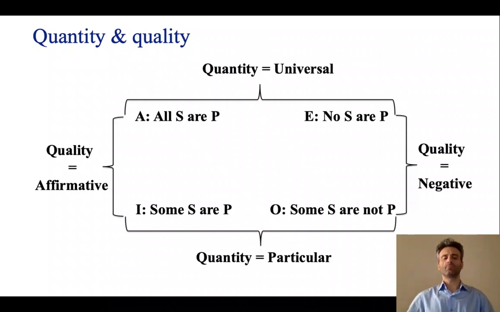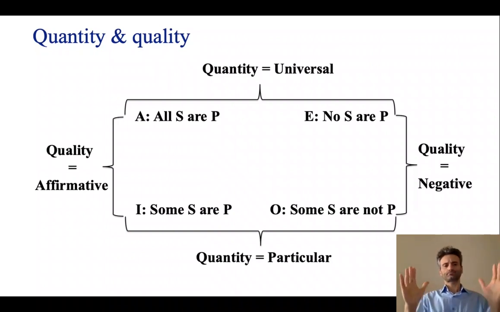On the other hand, at the bottom, you can see the I form and the O form. Those are particular statements: some S are P and some S are not P. These are the forms, remember, where we use the X. Since I am referring to some members of S in both cases, the quantity is particular.